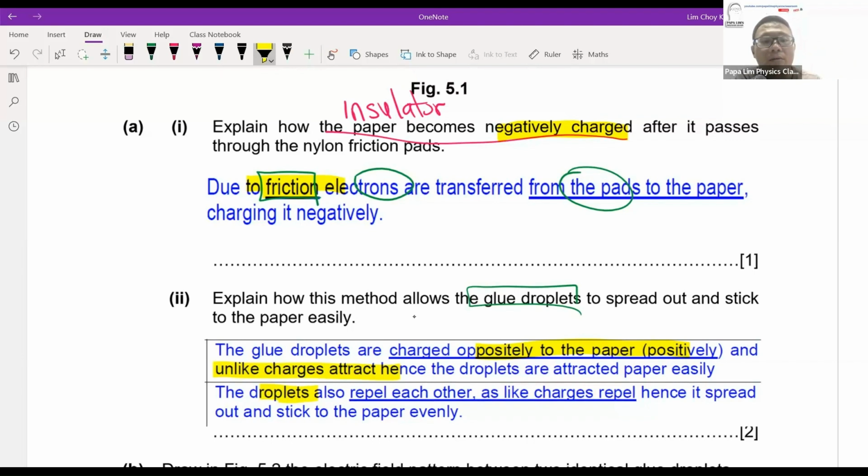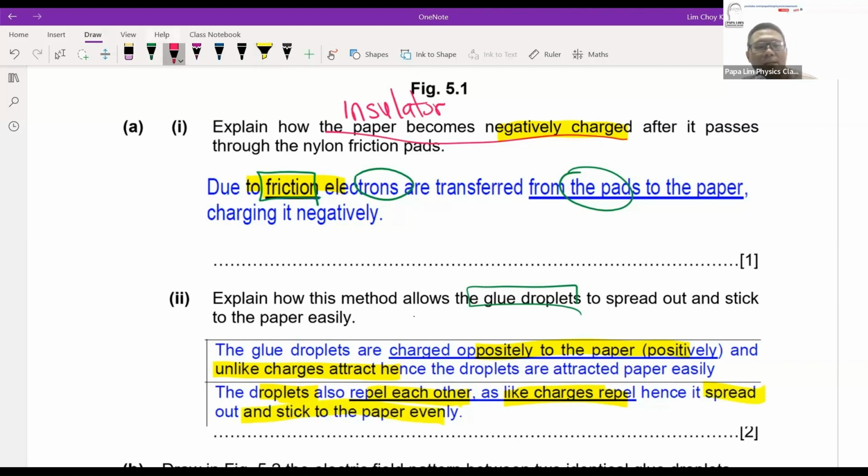With like charges, they tend to repel each other. As a result, the glue spreads out automatically because of the same charge held by each droplet. They repel each other, which causes the glue to spread out evenly on the paper.